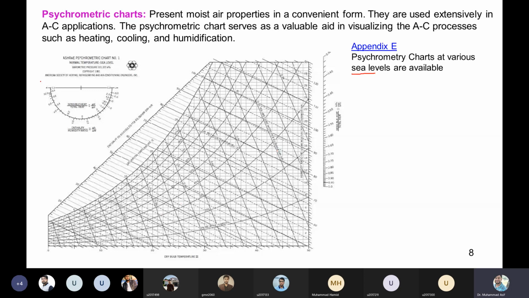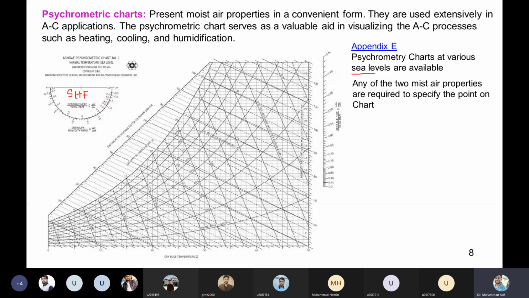There is this protractor, D shape, which gives you the value of the sensible heat factor, SHF. We'll discuss this at a later stage, in today's lecture. And the remaining parameters, I hope you are familiar with.